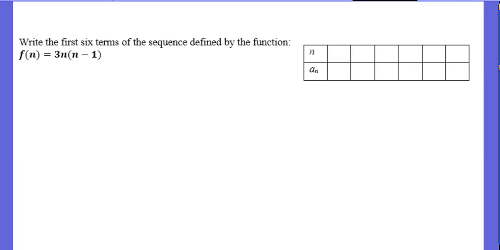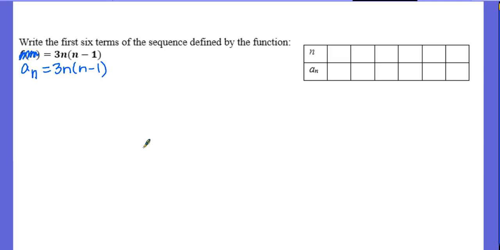The question says to write the first 6 terms of the sequence that's defined by the function f of n. You know what? I'd like to change this to say a sub n is equal to 3n times n minus 1. So we're given a rule, and we have to find the first 6 numbers.